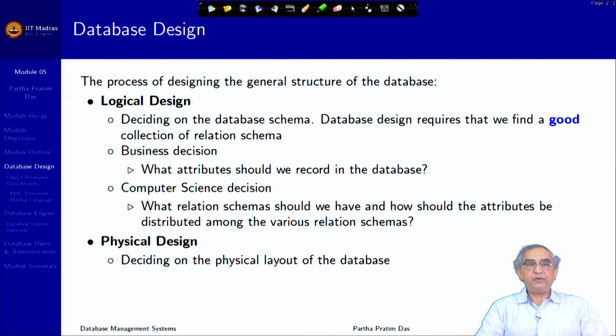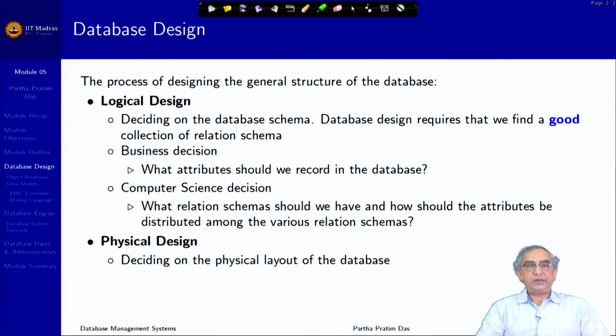And this process of logical design is typically influenced by two streams of factors. One, which is true for every application, is a business decision. The businesses decide what information they want to keep, what kind of queries they want to put. So, all those will dictate how we go about doing the logical design.